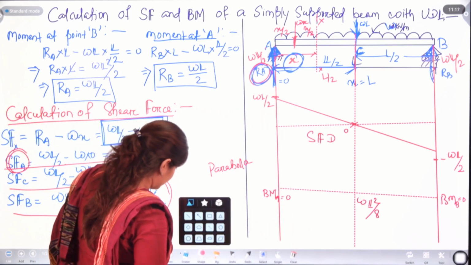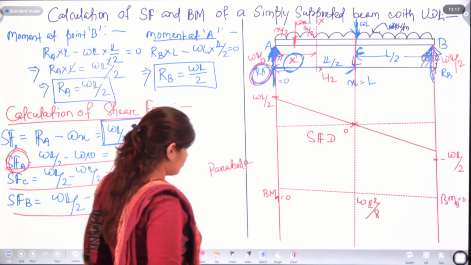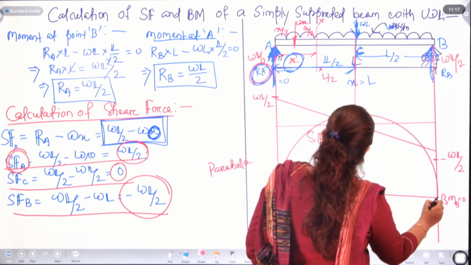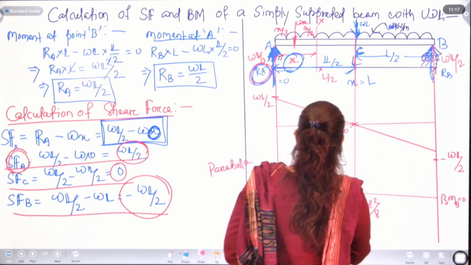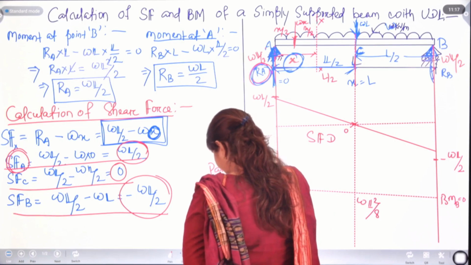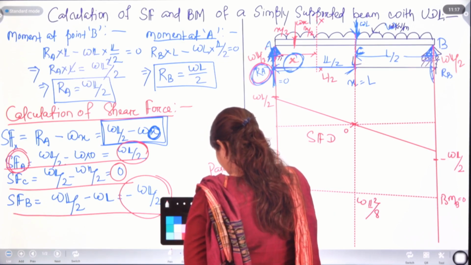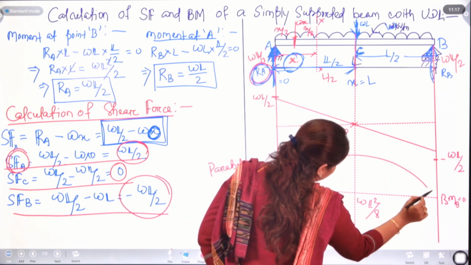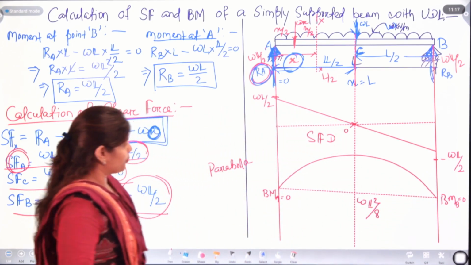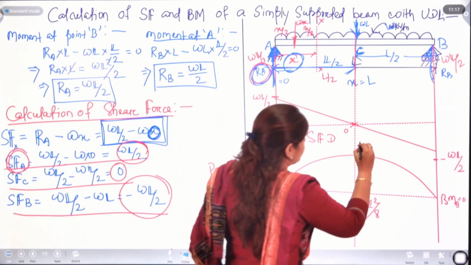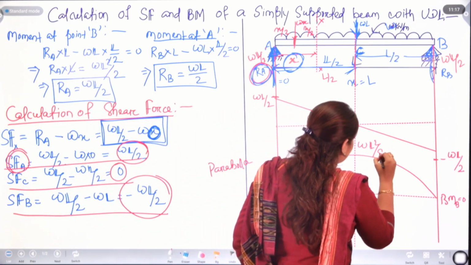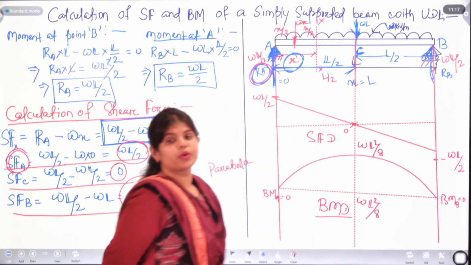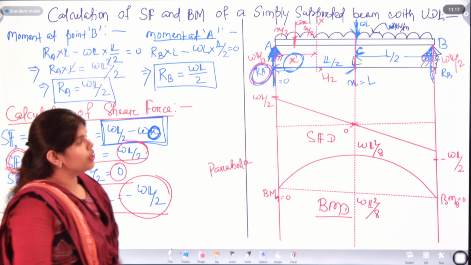So, to draw the parabola, okay, it is 0, 0 and here WL square by 8. That is your bending moment diagram for simply supported beam while application of UDL.